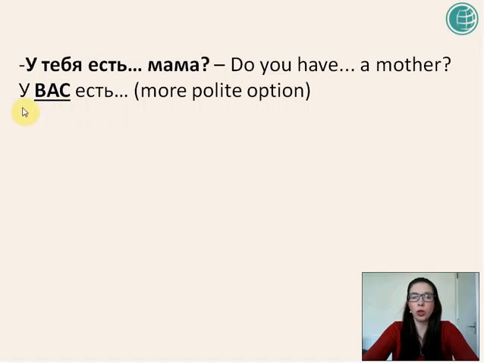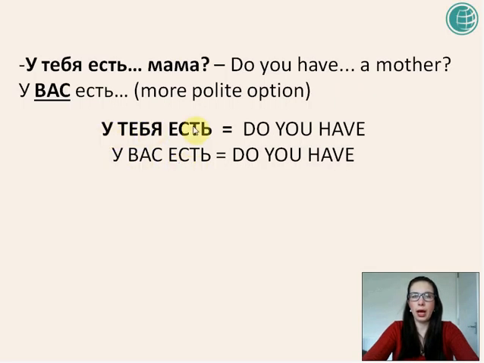Or another option, у вас есть мама? У вас есть, it's just a more polite option. У тебя есть? It means, do you have? У вас есть? Do you have? Same meanings, but in Russian language we can use different pronouns.